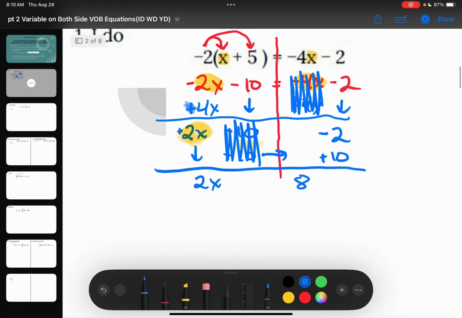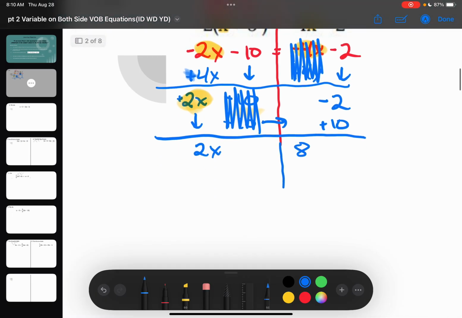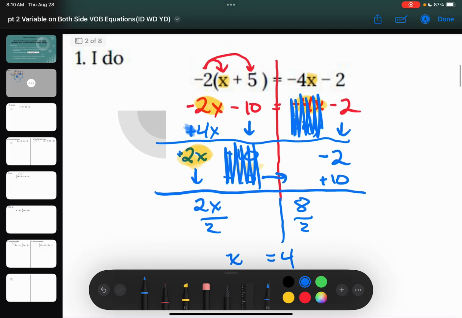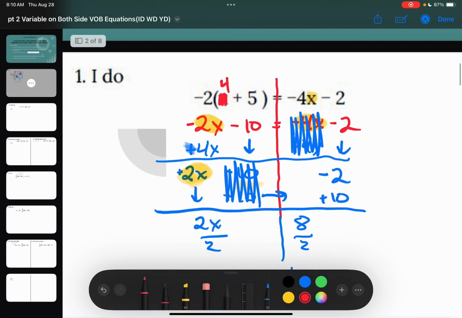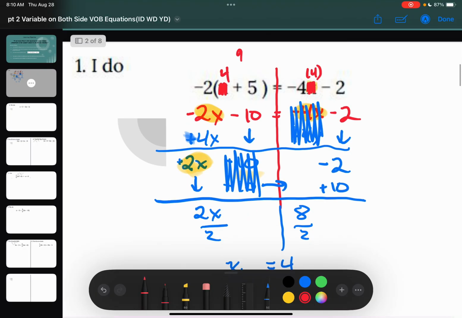And now we can just work on solving this like we would. I'm going to draw my line a little bit more. Divide by 2, divide by 2. And x equals 4. If we go back up to the beginning of this, and we think x equals 4, on the left side, we would get 4 plus 5, which is 9.